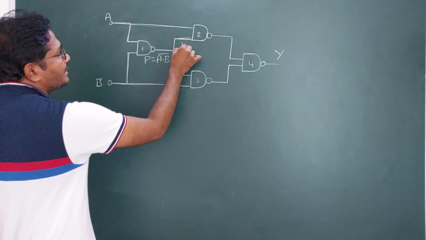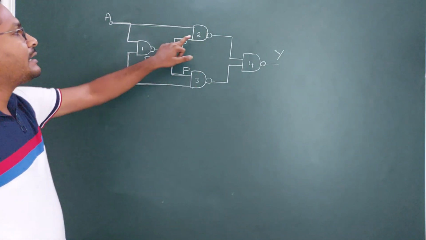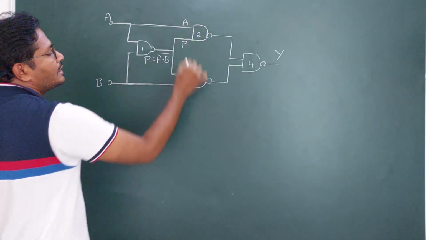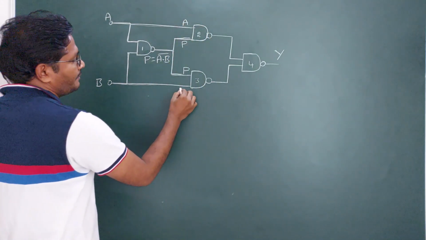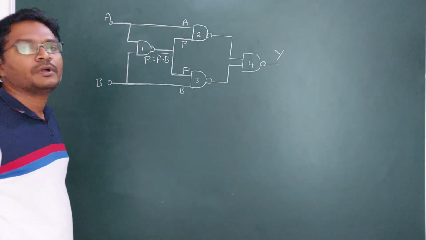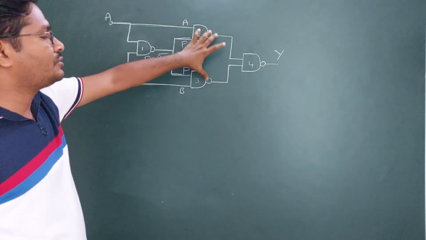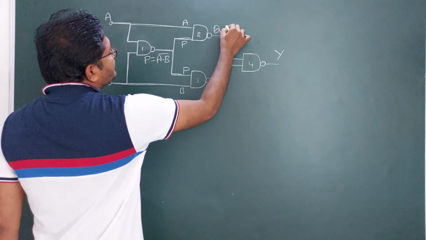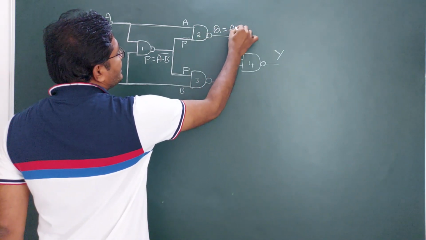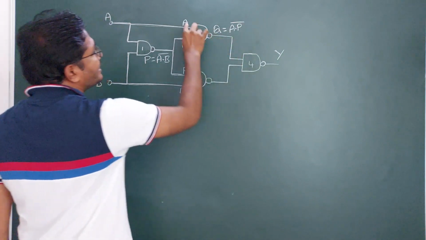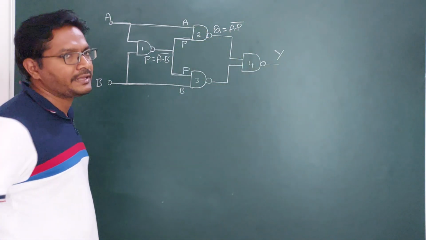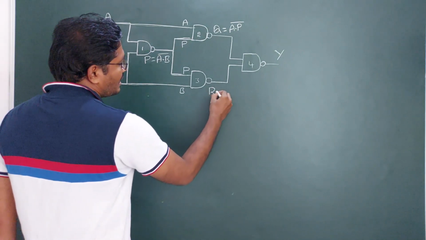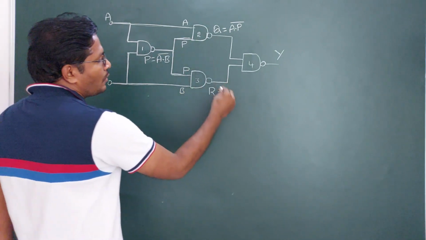The second NAND gate's other input is A, and the third NAND gate's other input is B. The output of the second gate I am taking as Q, which is A into P whole bar. The output of the third gate I am taking as R, which is P into B whole bar.